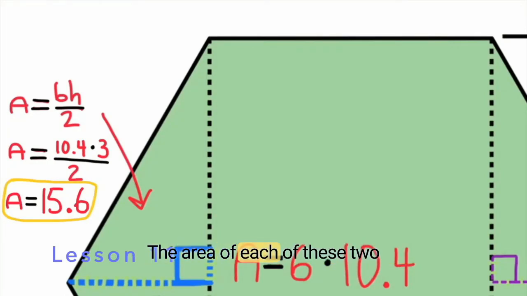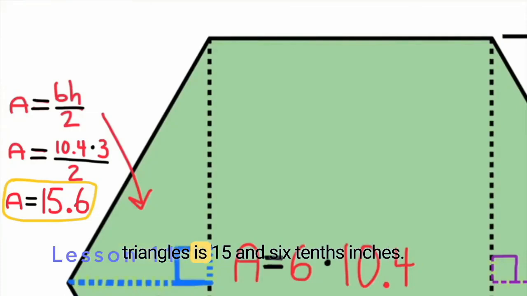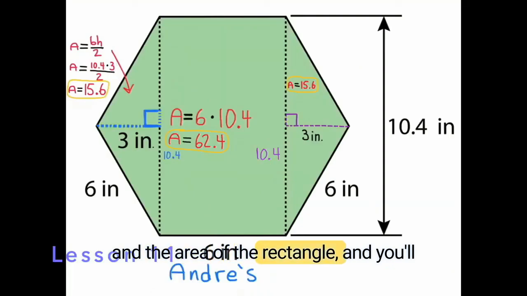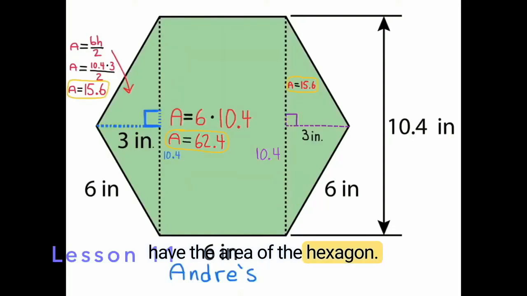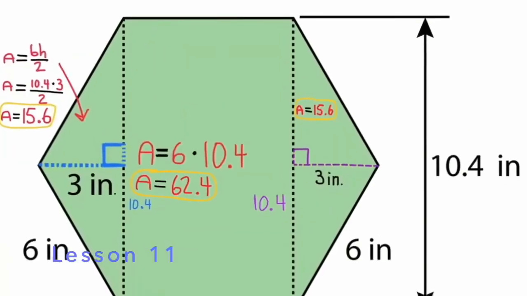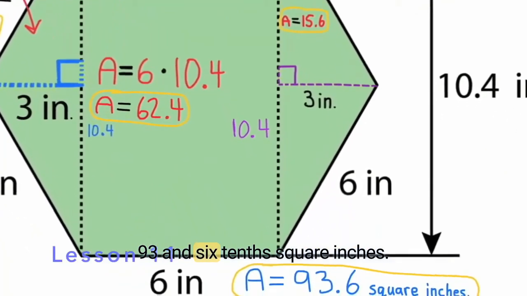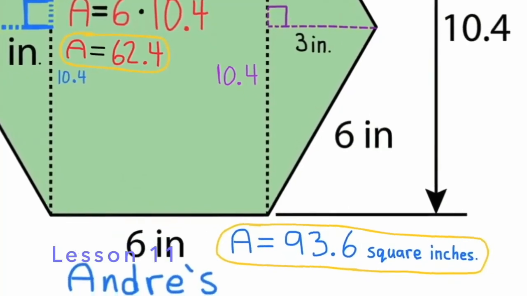The area of each of these two triangles is 15 and 6/10 inches. Simply add the area of the two triangles and the area of the rectangle, and you'll have the area of the hexagon. The area of the hexagon is 93 and 6/10 square inches.